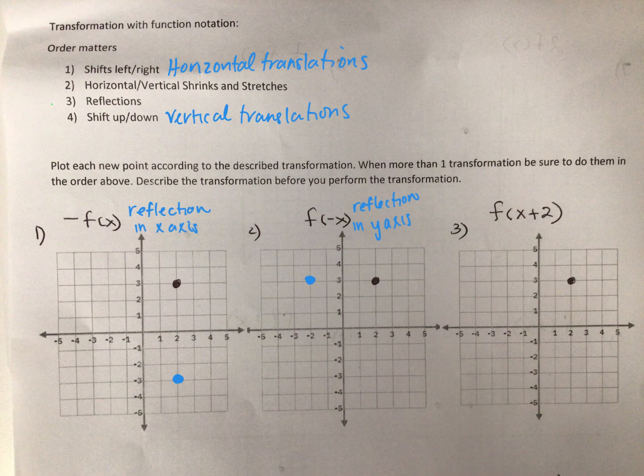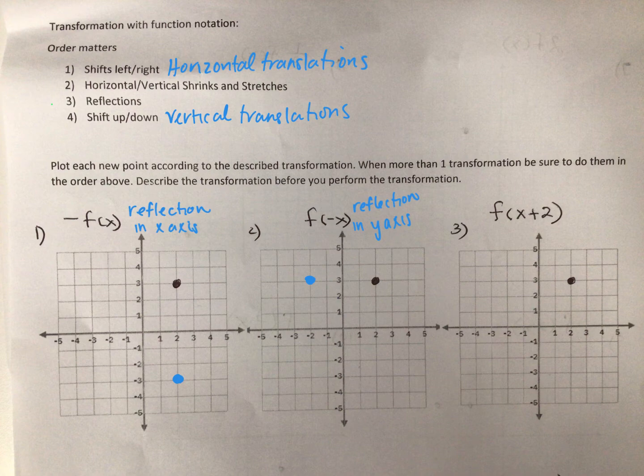So, again, one of the things we need to memorize is when it's inside, it's horizontal. Whenever it's inside the parentheses, inside the absolute value, inside the parentheses that have a square, underneath the square root, that is inside the function, and that is going to be something horizontal.